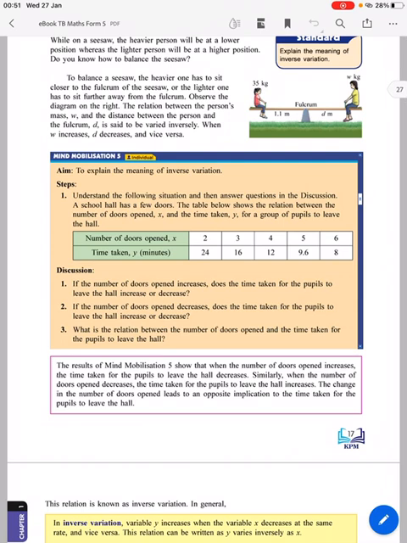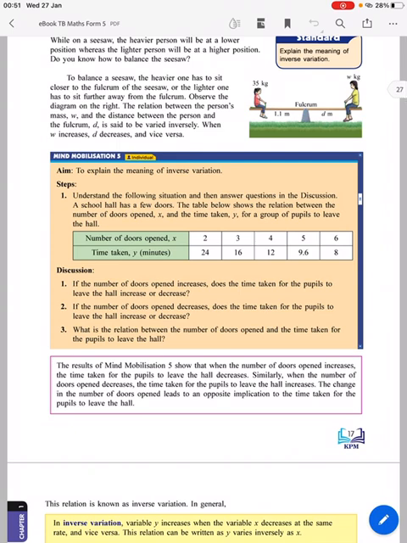Understand the following situation. A school hall has a few doors. The table below shows the relation between the number of doors open, x, and the time taken for a group of pupils to leave the hall. As you can see, as the number of doors open increases, the time taken for the students to leave the hall gets shorter.